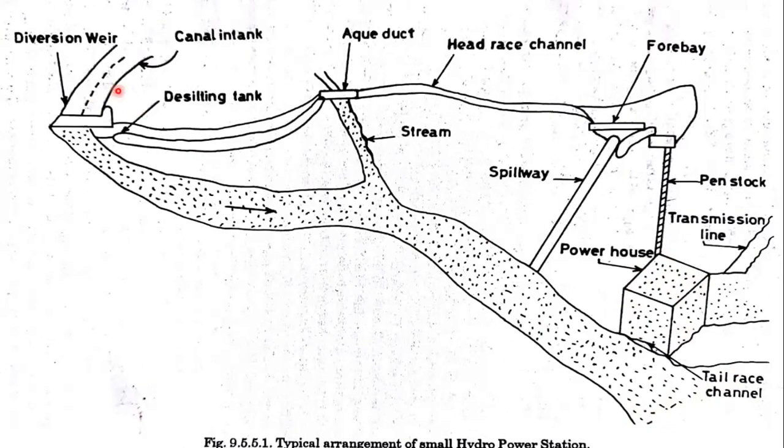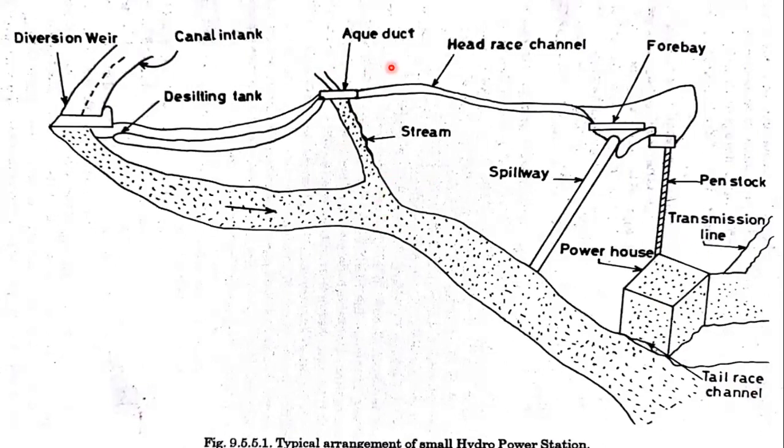Okay, so dams, barrages, solid structures and trench type weirs are usually employed to divert the required flow from the river. Here, these are diverting the required flow from the riverbed or streams to the intake structures.